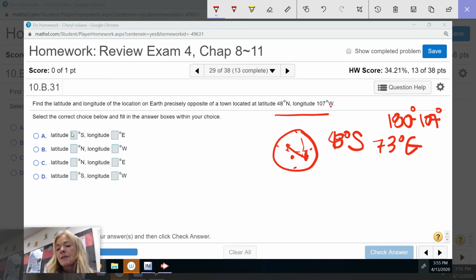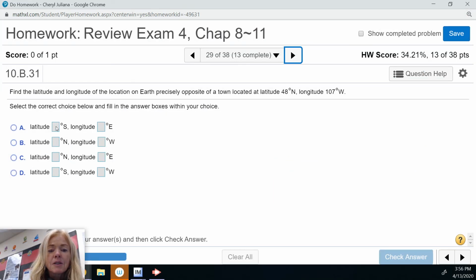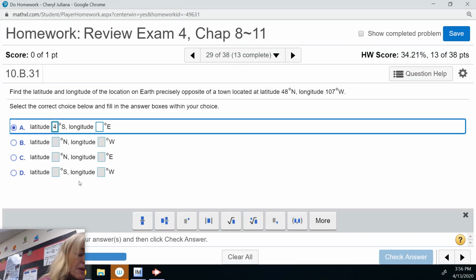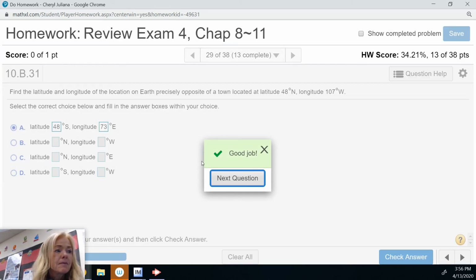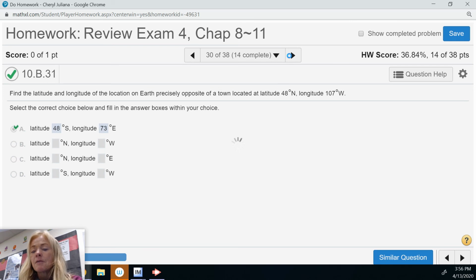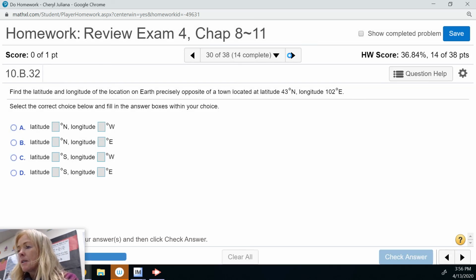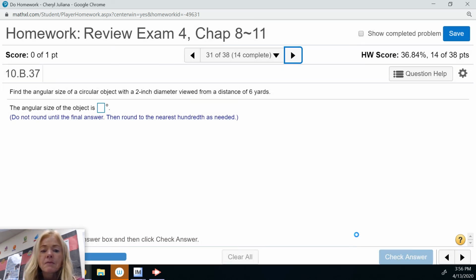So we need southeast, which is the first one: 48 degrees south, and 73 degrees east.